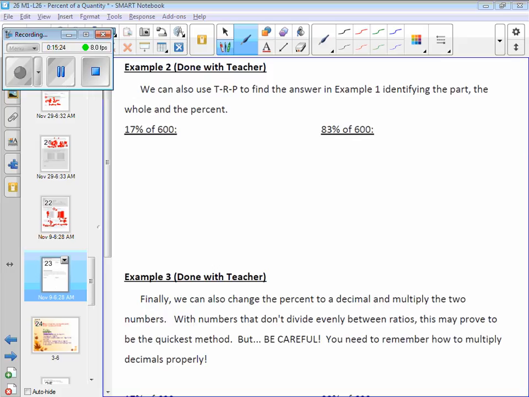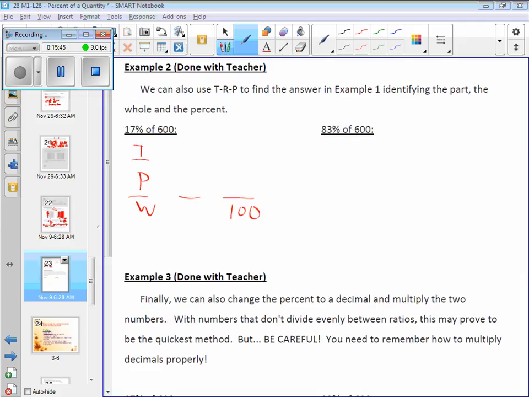All right, it's the same problem. 17% of 600, 83% of 600, but I'm going to show it using TRP. What's my template? Always part over whole. Ratio and something over 100.